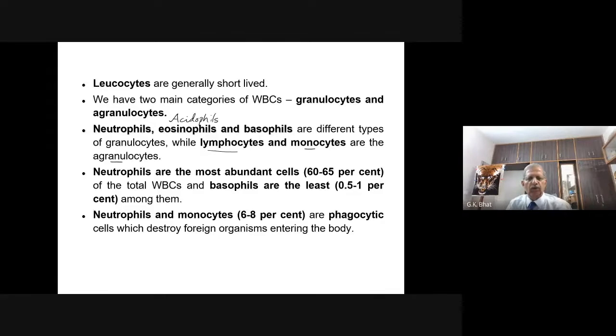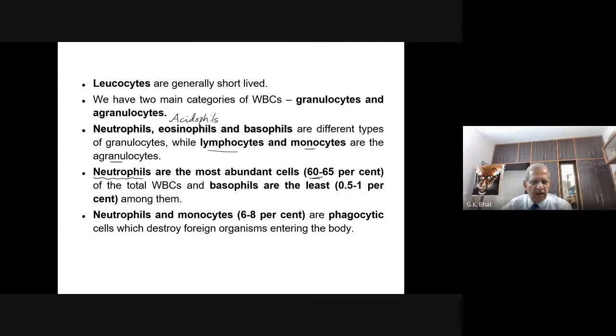Now let us look into the percentage of these different white blood corpuscles. Amongst these 5 different types of white blood cells or leukocytes, the most abundant leukocyte is the neutrophil. Neutrophils are the most abundant cells, occurring to the level of 60 to 65%.